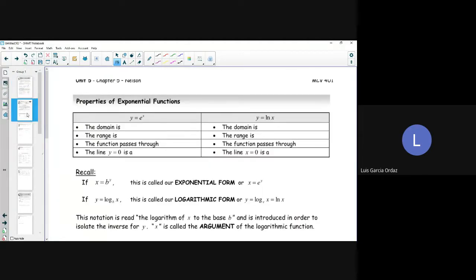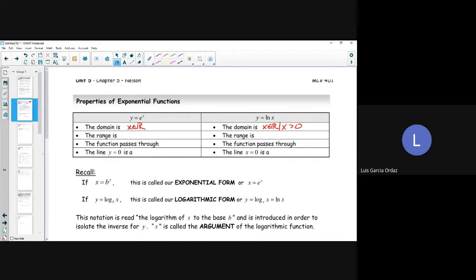So now let's look at the properties of my exponential function. We know that y is equal to e to the x. We know that its domain is x an element of all real numbers. However, my domain for the inverse, which is ln of x, is all real numbers, but x has to be bigger than 0.